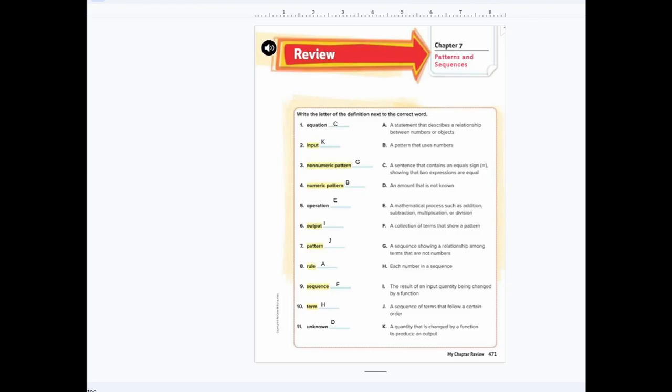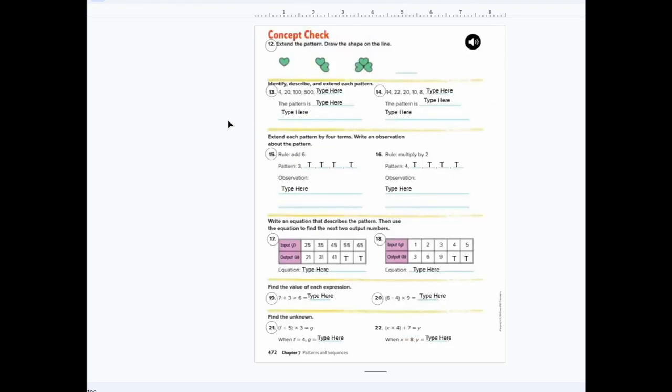Okay, turn it over. These are your bonus questions. Do you have to do the bonus? No. Should you do the bonus? Yes. So we're going to circle our bonus. Number 12, number 13, number 14, number 15, number 17, number 18, number 19, number 20, number 21.